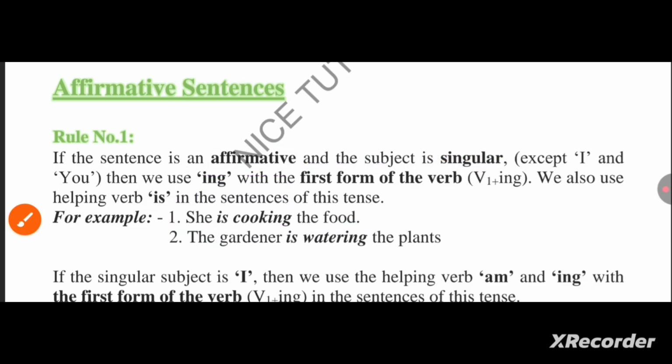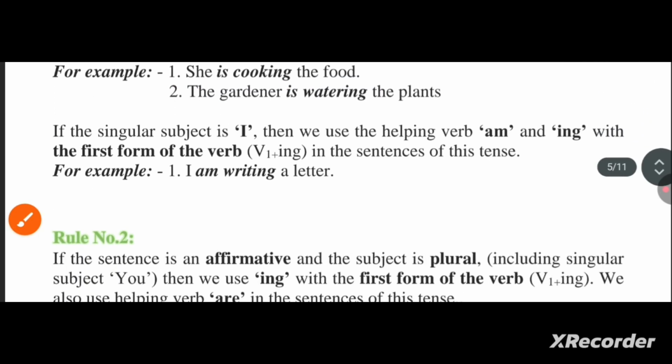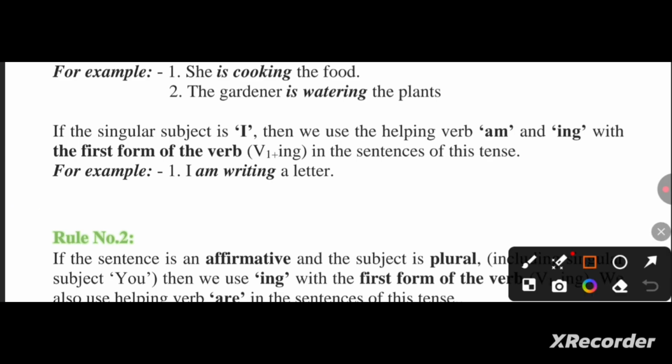Now, if the singular subject is I, then we use the helping verb am and again ing with the first form of the verb. For example, I am writing a letter.